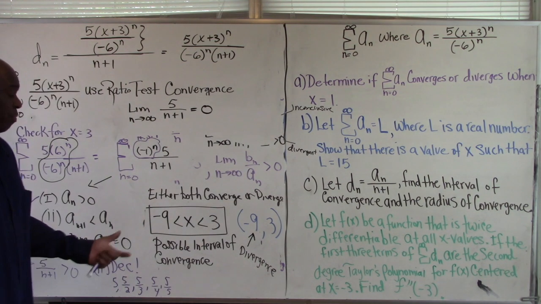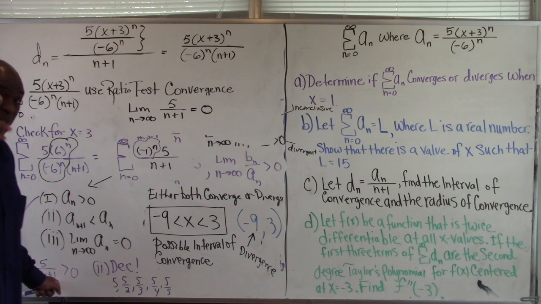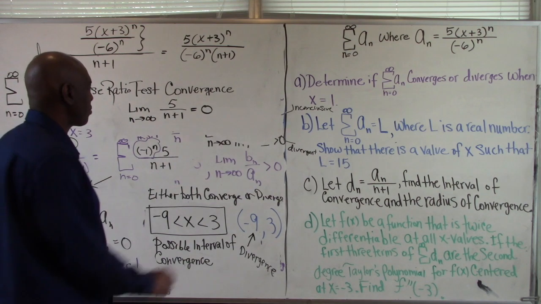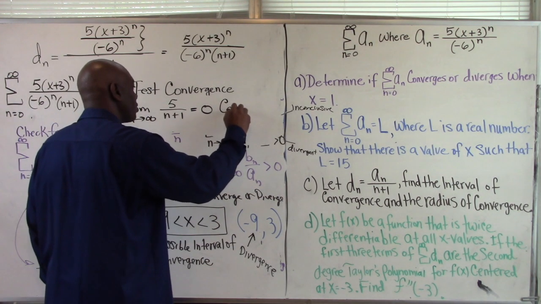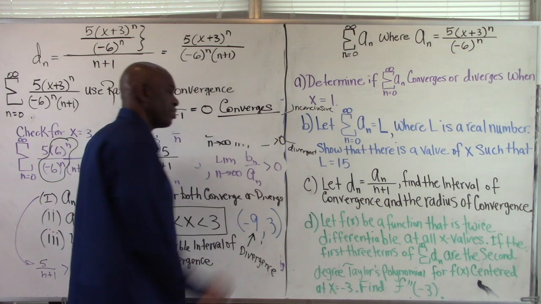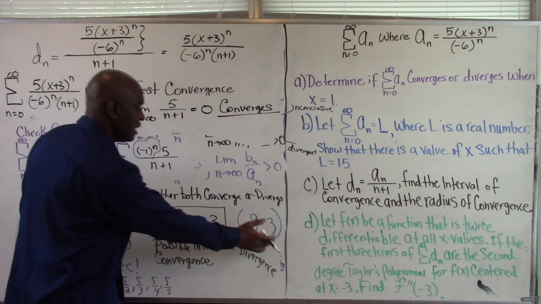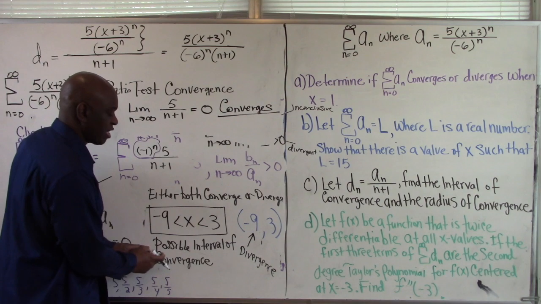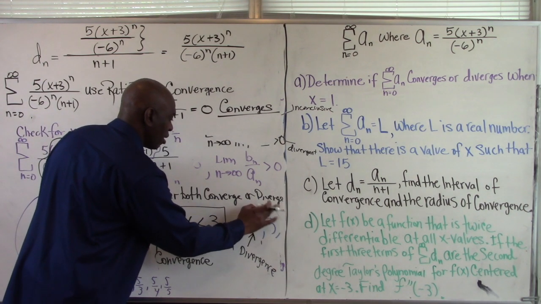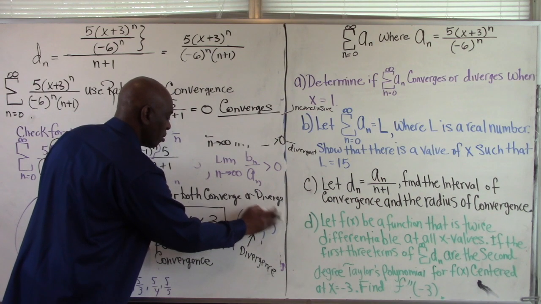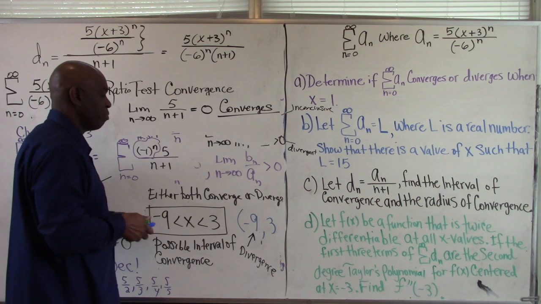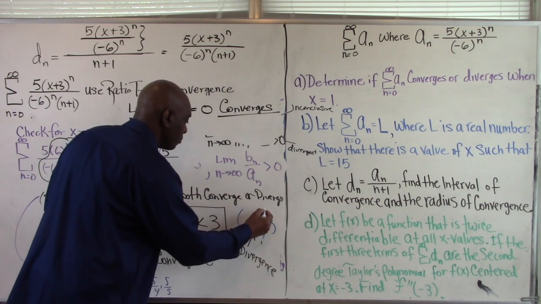All right, so with this value right here, here's the thing. We have convergence. So this converges. So since it converges, this 3 in our possible interval of convergence is not going to be an open interval or an exclusion, but the 3 now has to be inclusion.